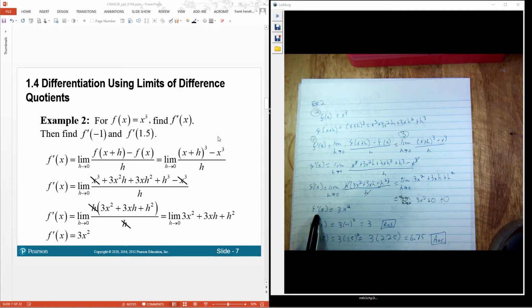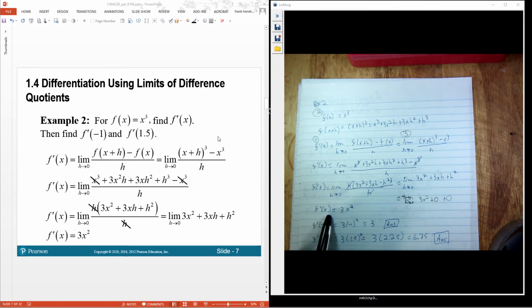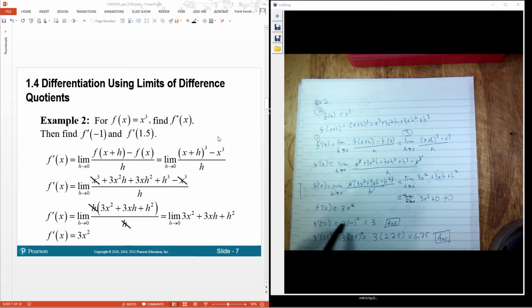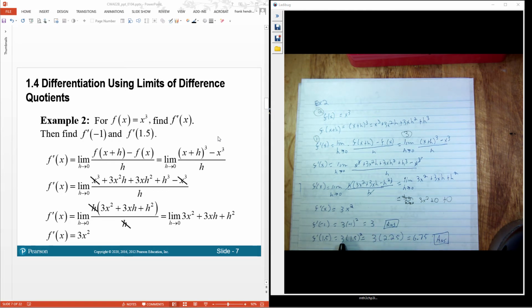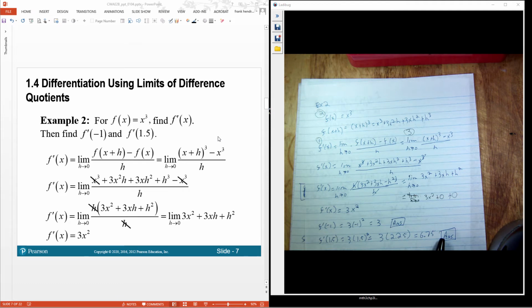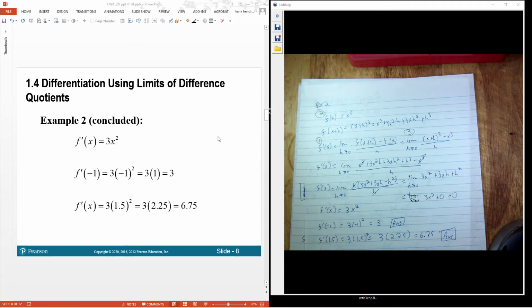So that first derivative is equal to 3x squared. Now they want us to evaluate it for -1 and 1.5. So I evaluated for -1, which gives 3, then I evaluated for 1.5 and get 6.75. You can see that there.